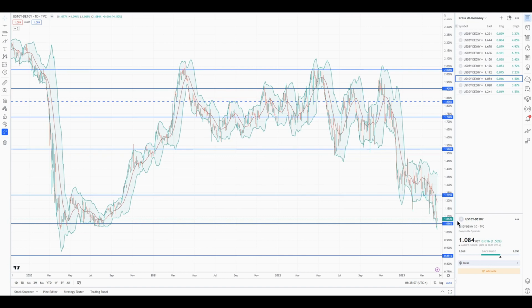The bit where Germany is going to lead is going to be in the twos and fives, and lead the twos and the fives in the US.